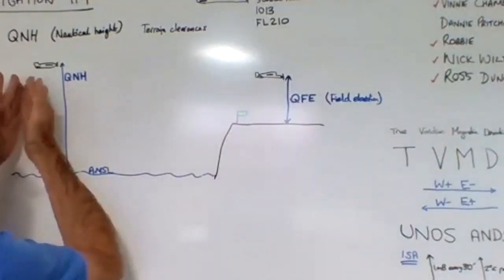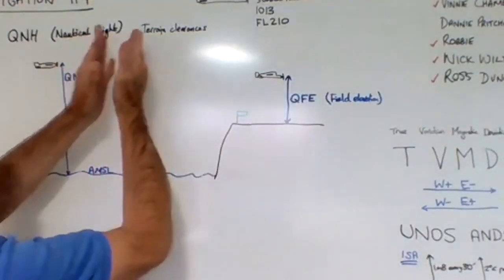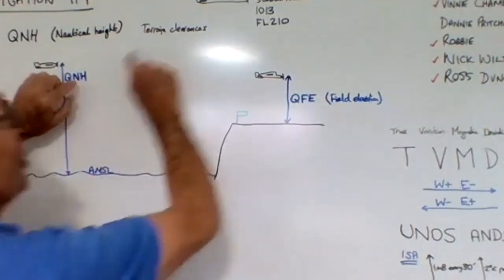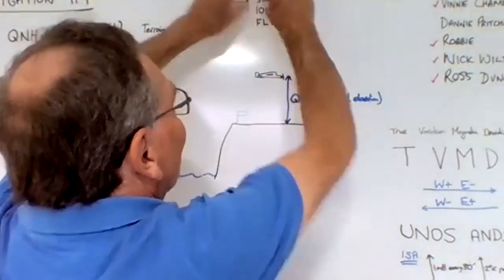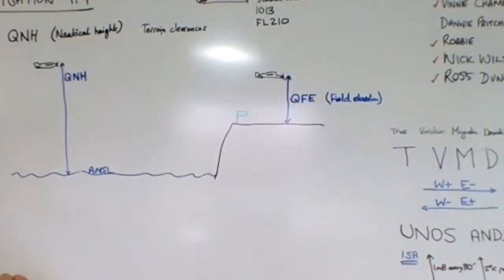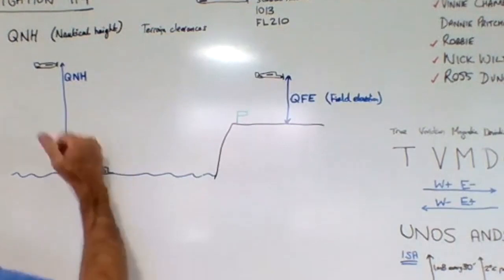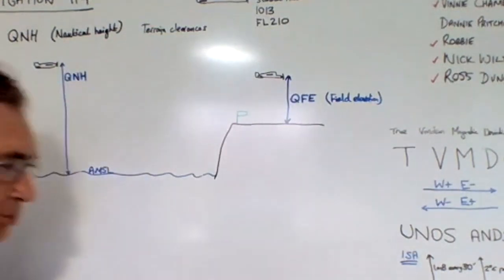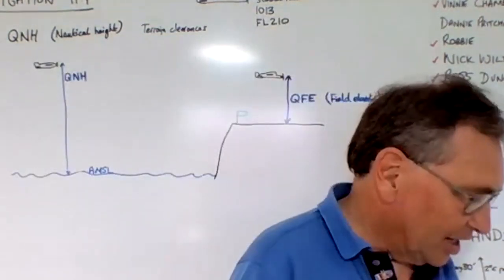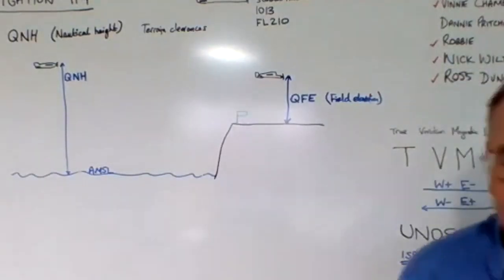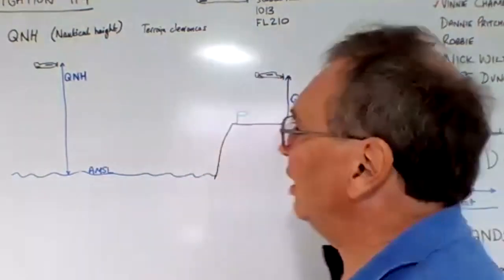So if we were going to fly a bit higher and a bit further, though, we'd want to change from QNH to standard pressure, because we would probably be given a clearance from Paphos when we are approaching Paphos on our way to, say, Santorini.